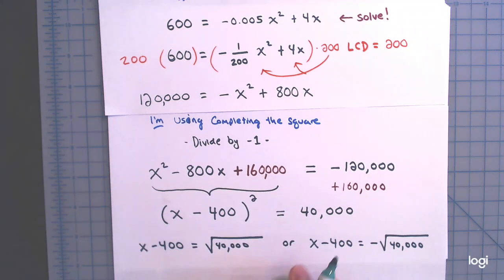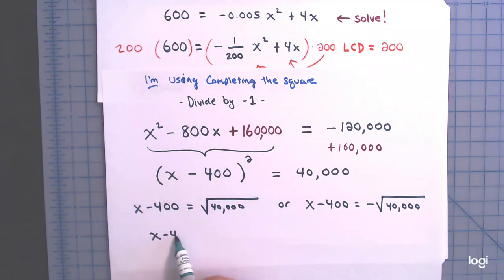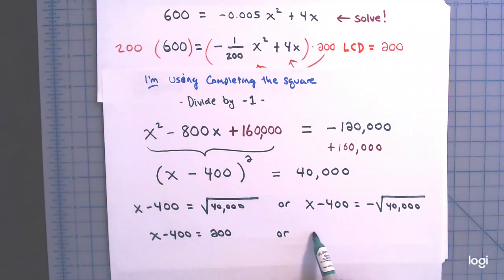So we have on the left equation, x minus 400 equals 200, or x minus 400 equals the opposite of that, negative 200.